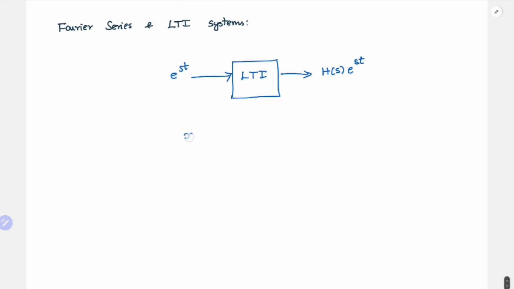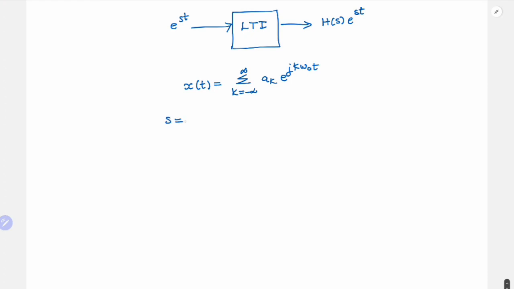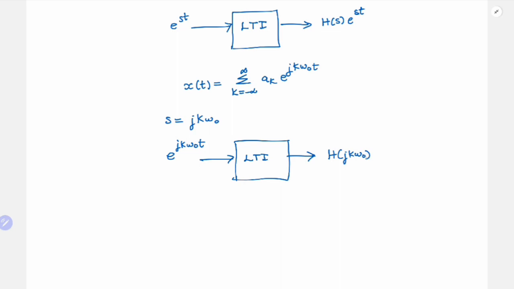Now we are actually able to represent a periodic signal in terms of Fourier series, which is ak e power jk omega naught t. So if we just replace s with jk omega naught, what do we have? e power jk omega naught t passing through an LTI system gives us h of jk omega naught into e power jk omega naught t.